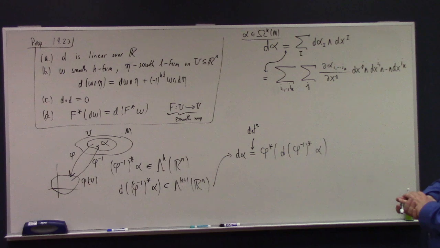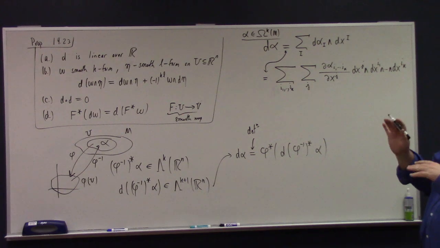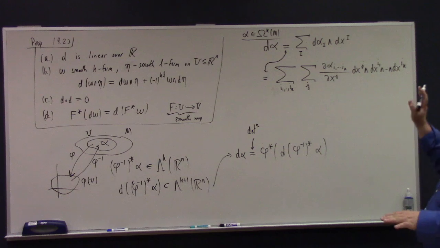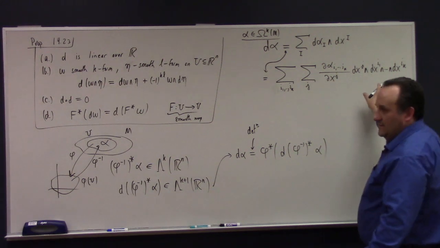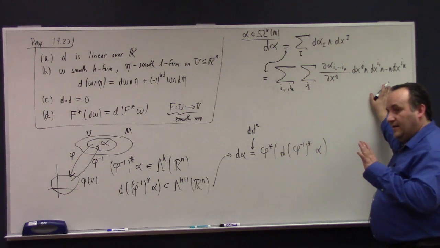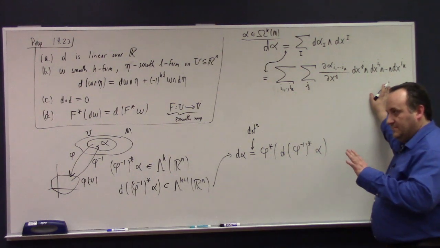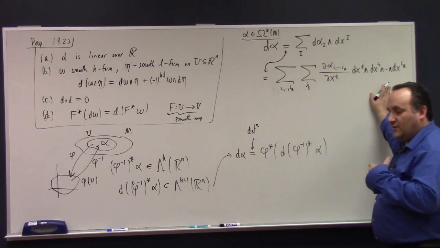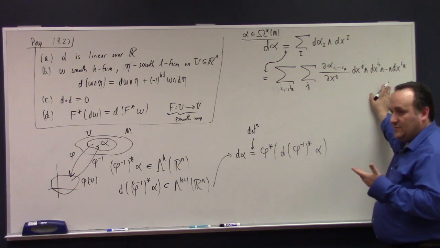So if you don't mind, let us set aside this wonderful, beautiful, logical development in Lee for a second, and take this as the definition, because this is a competitor for being the definition. This formula could serve as the definition suitably understood.